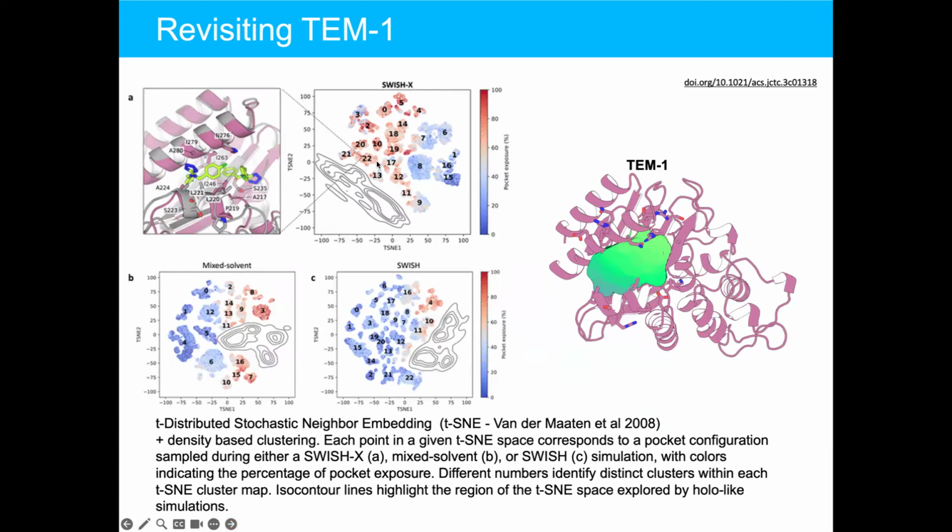And what you have to see here is that with SWISH X, you have many more clusters that are red, so there are many more open-like clusters. In particular, this cluster 22, if you look at it, really agrees with the crystal structure of the bound state. With SWISH, there is some opening. In mixed solvent, there is some opening, but not as effective as SWISH X.